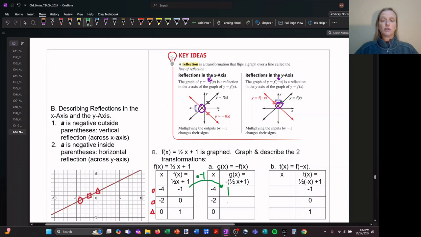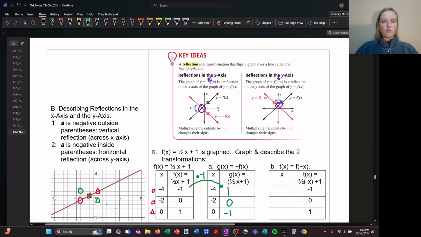Where I had 0 before, 0 times -1 is still just 0. And 1 times -1 is -1. So these are the new points I need to plot at -4 and +1. This point is still the same. And then I have 0, -1. So I have a point here.